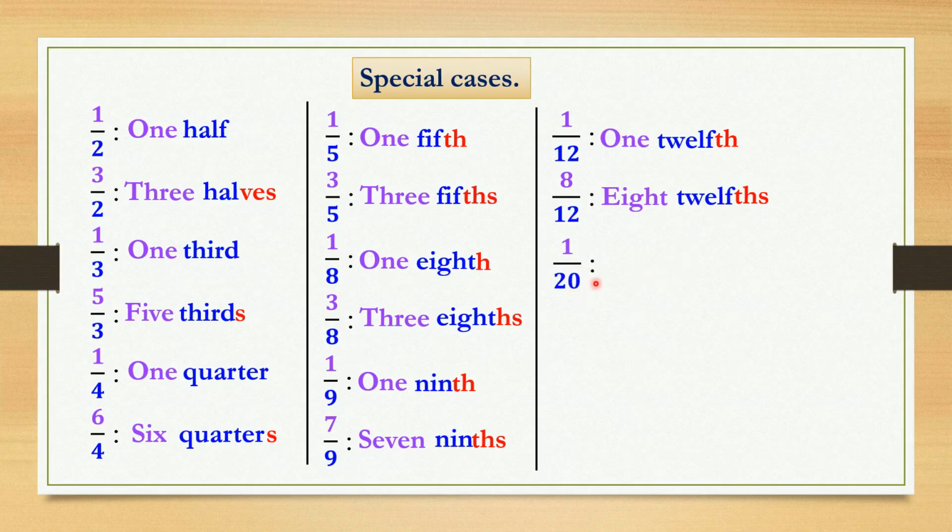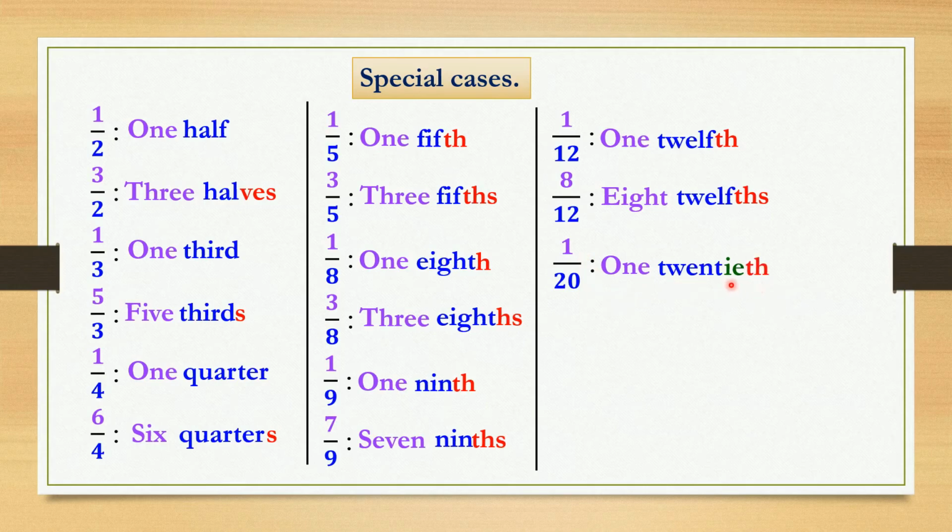1 over 20. If the denominator ends with a y, like 20, we read it 1, we write twenty, we change the y into ie, then we write in the end th because the numerator is 1. And we read it one twentieth.